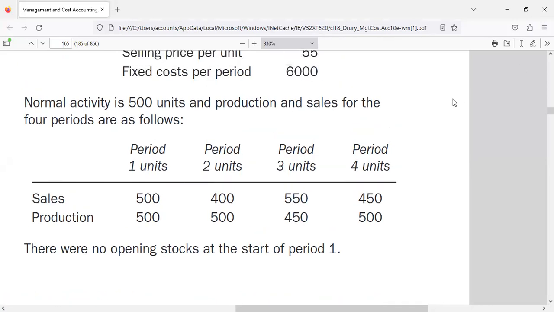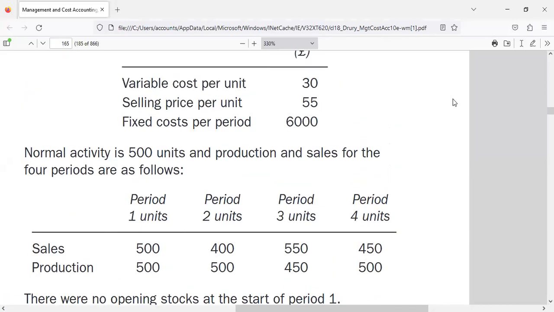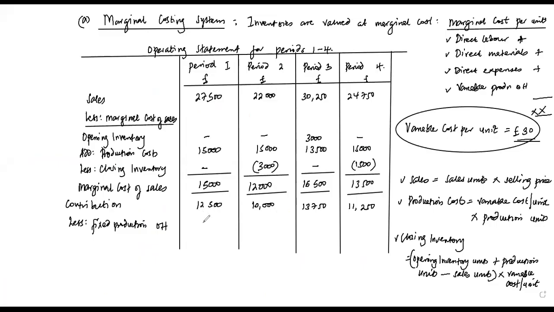The fixed cost per period, we have 6,000. And remember, we have period 1 to period 4, so we have 6,000 for each period.